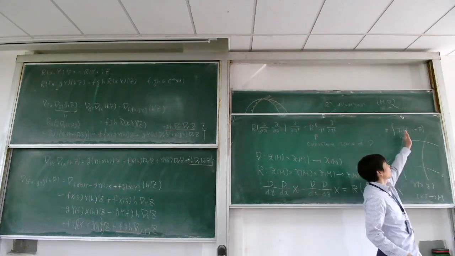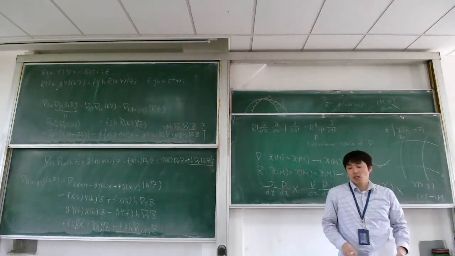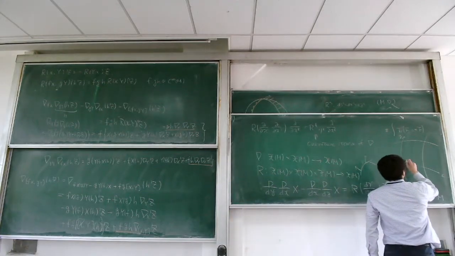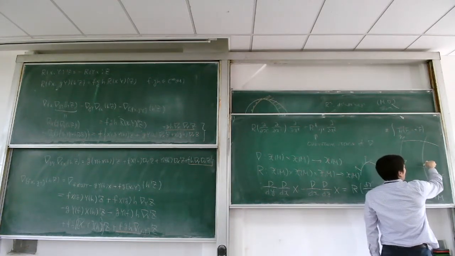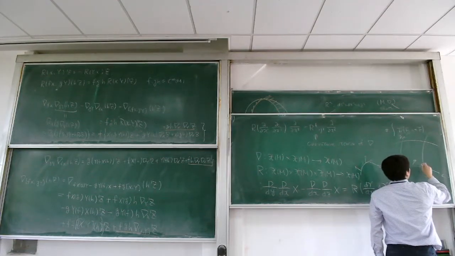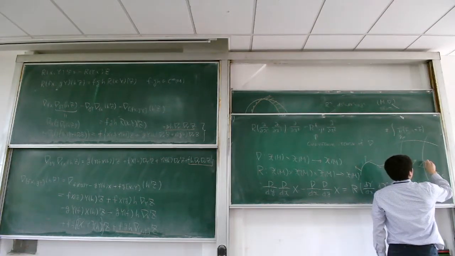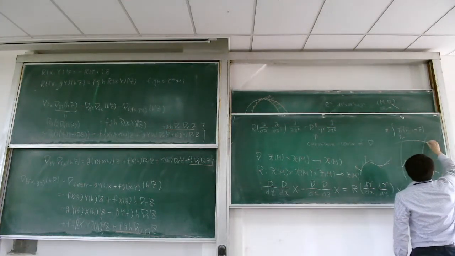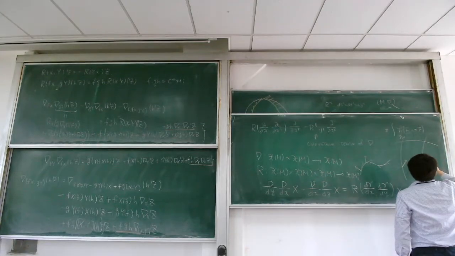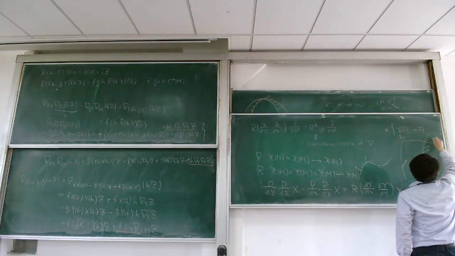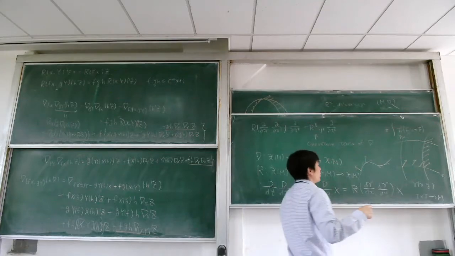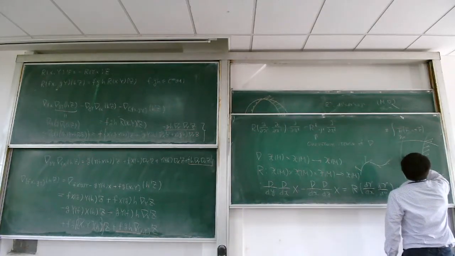And you just consider the two parameter family of curves. And then we do the parallel transport of some vector along this curve first, and then move it to here. Then another way to move is along this one.